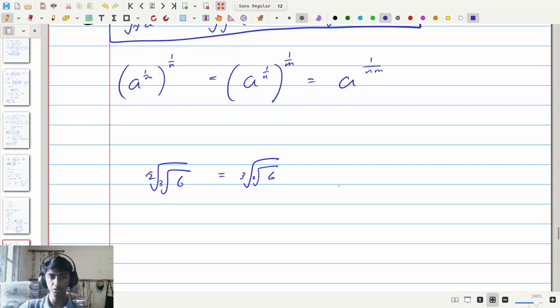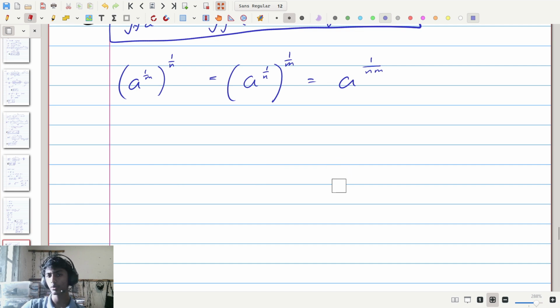Now here I did put this 2 here additionally. It's not exactly required. I'm writing it here just so that you can clearly see what's happening. So the square root of the cube root of 6 is equal to the cube root of the square root of 6. It is also equal to the 3 times 2, or 6th root of 6. So here is a practical example of this thing. We can clearly see this is the case.